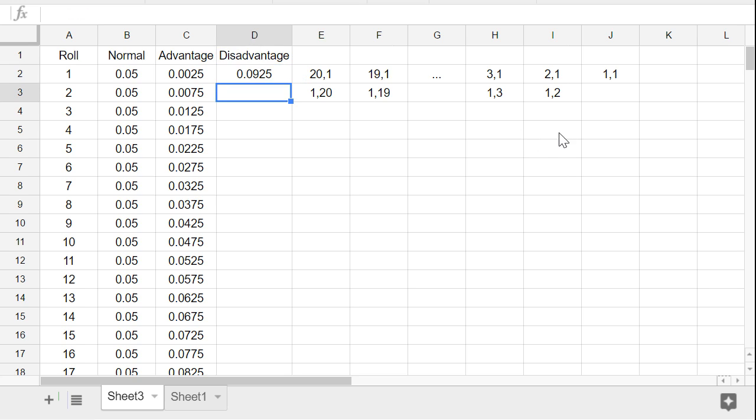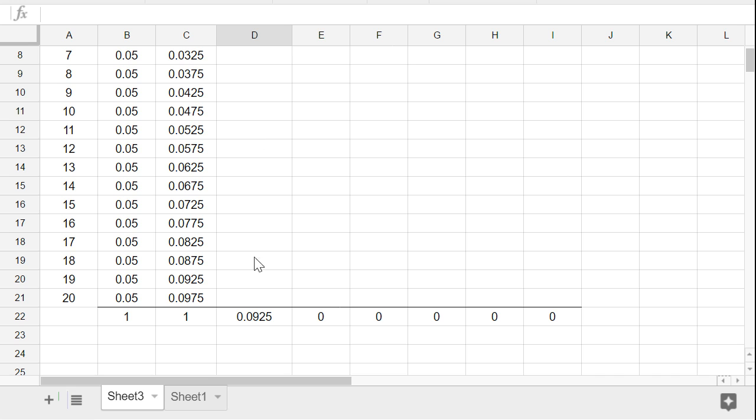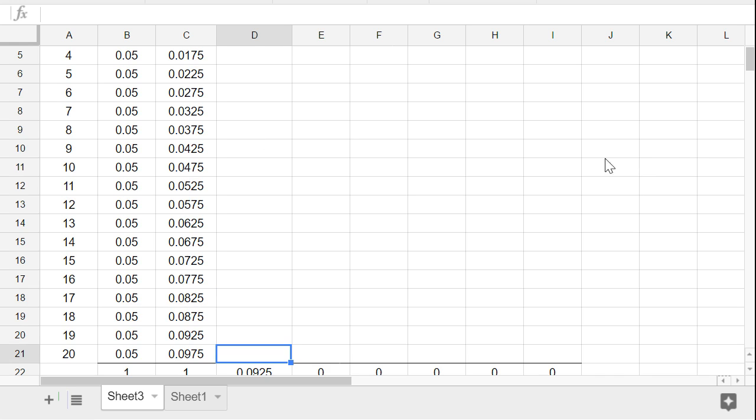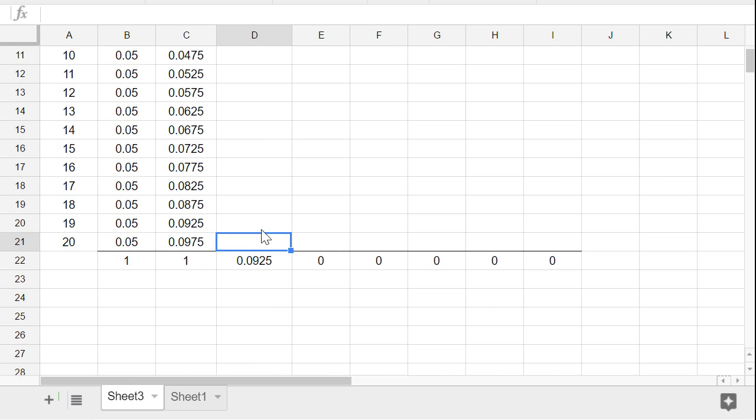Okay. And then, let's come down and look at this one, because I have a feeling there are a lot fewer ways that you can roll 20. In fact, there's only one way. If you're taking the minimum, if you roll a 19 and then a 20, you get a 19. So you have to roll two 20s. So that's just going to be one possibility in 400.